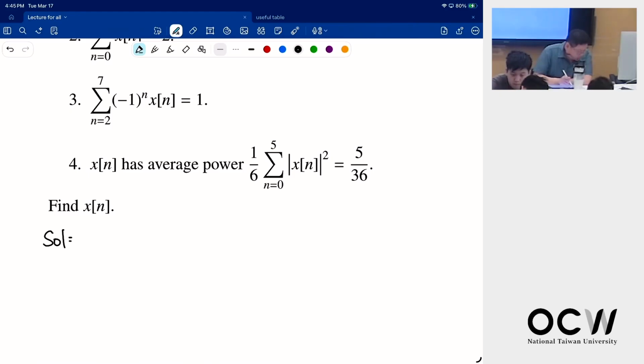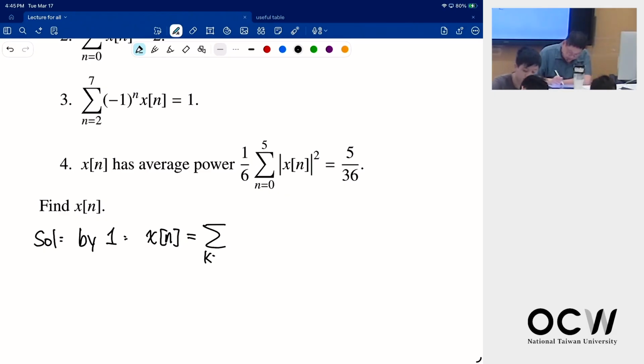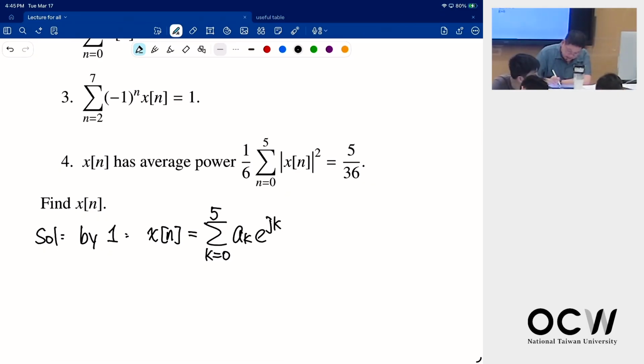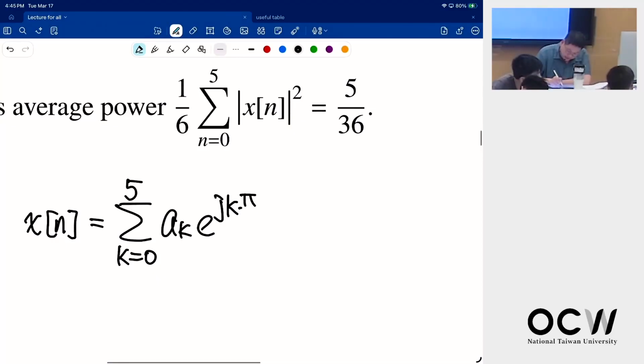So x is the summation from 0 to 5 of a_k e to the j k, n is 6, right? So 2 pi over 6, that'll be pi over 3. So here it will be pi over 3 n.